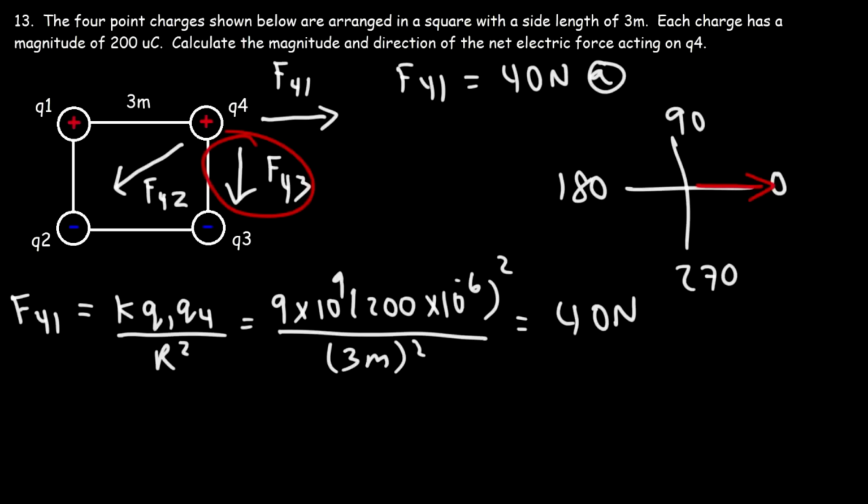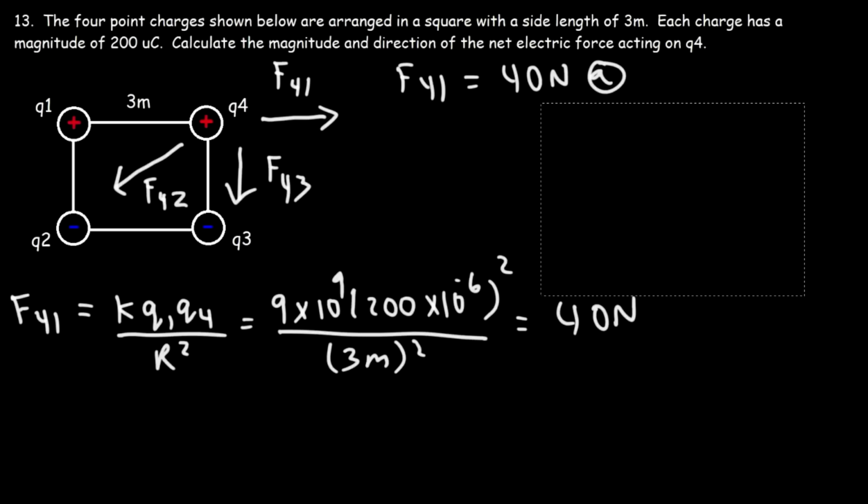This one is directed south at an angle of 270. And this one is directed southwest at an angle of 225. So for the first vector, we're going to say the angle is at 0 degrees.